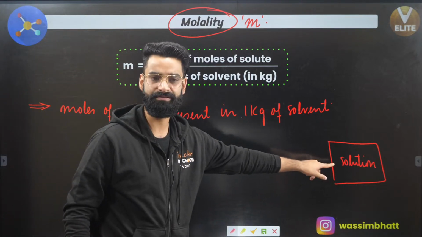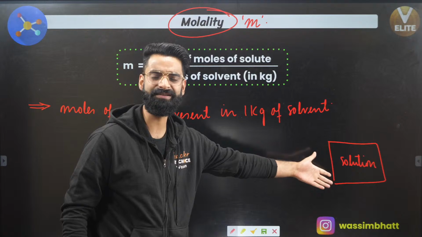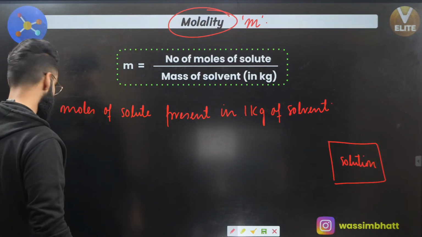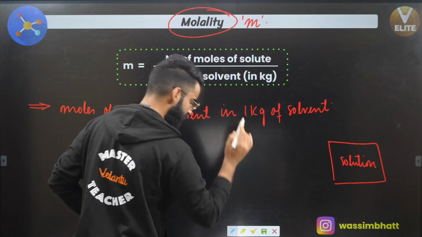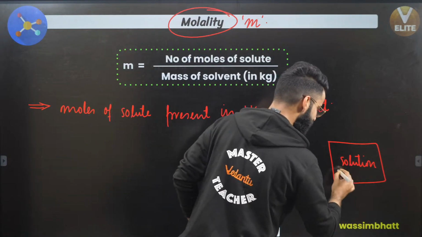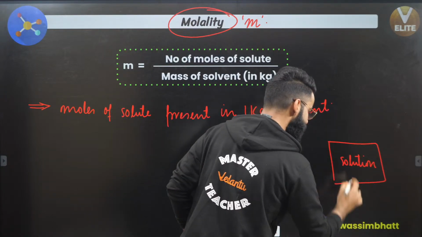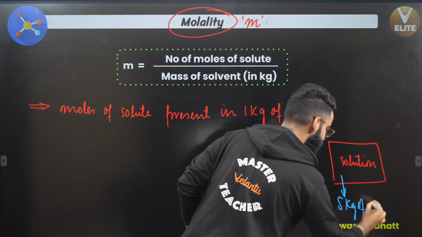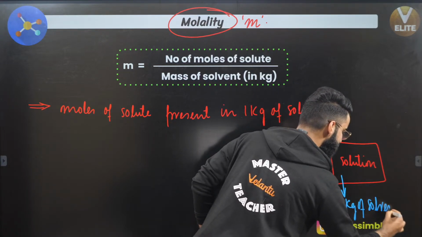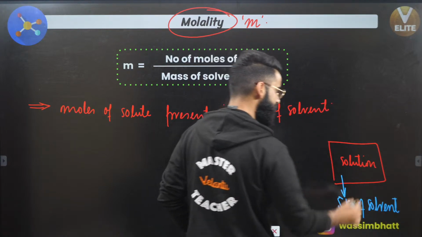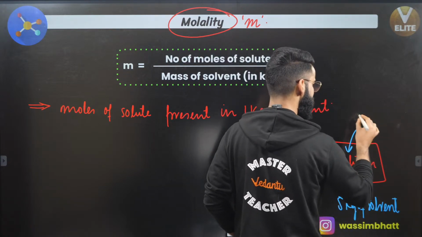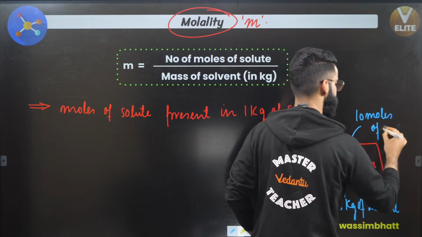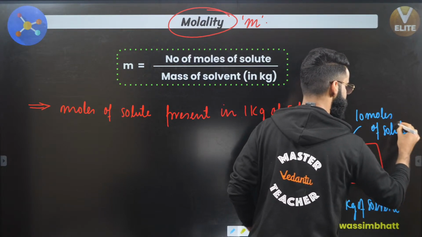For example, let's say I have got 5 kilograms of solvent in the container, and in the same container I have got 10 moles of solute.